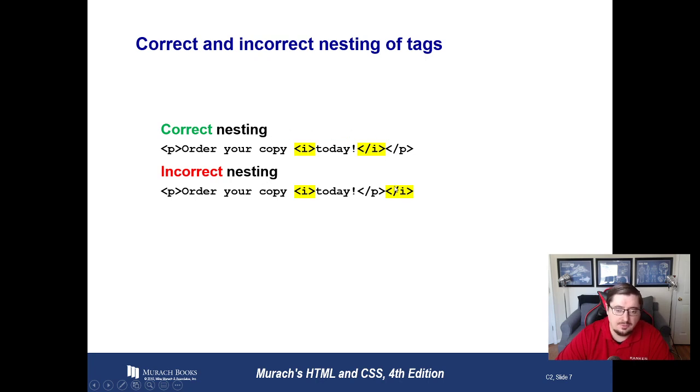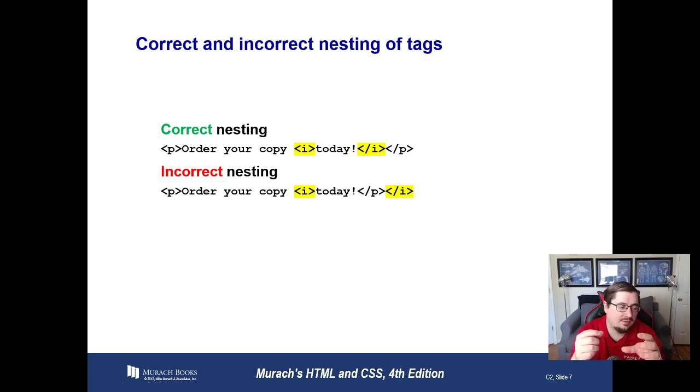What you don't want to do, and what's technically invalid, even though the browser will allow you to do it, is to write it like this, where you start the P tag, you start the I tag, and then you close the P tag before closing the I tag. This means that they're not actually nested.